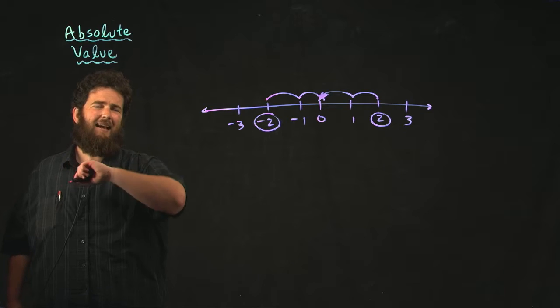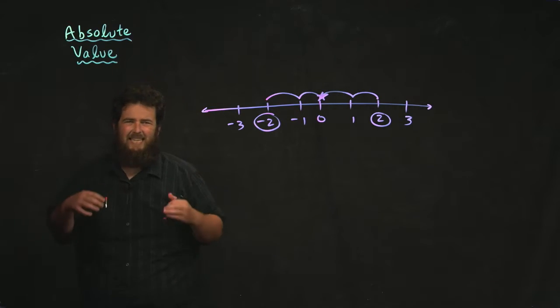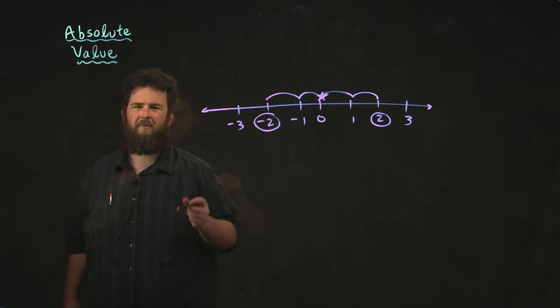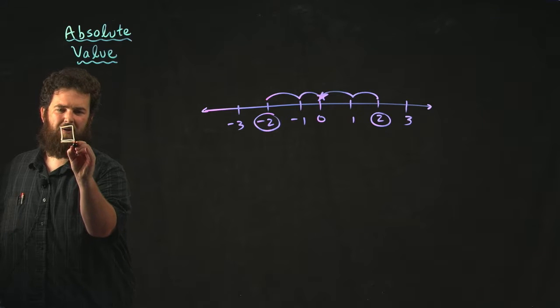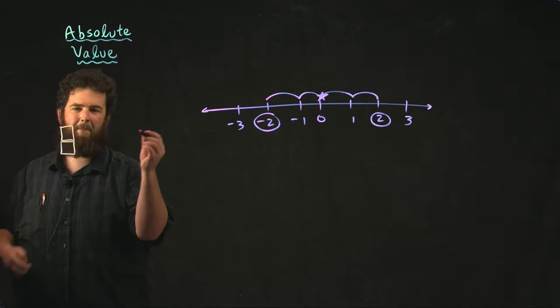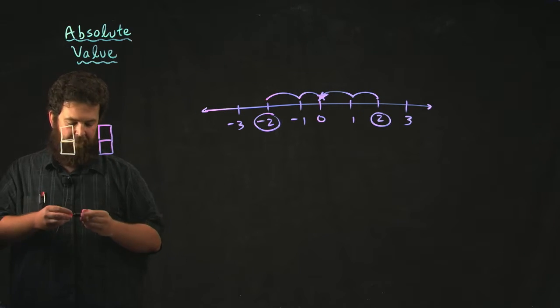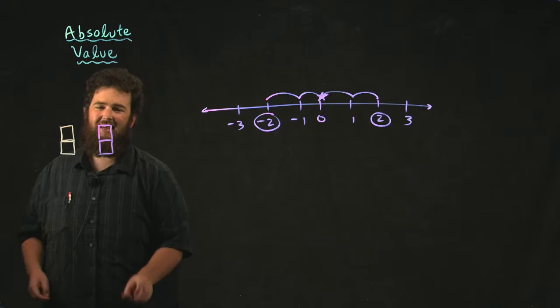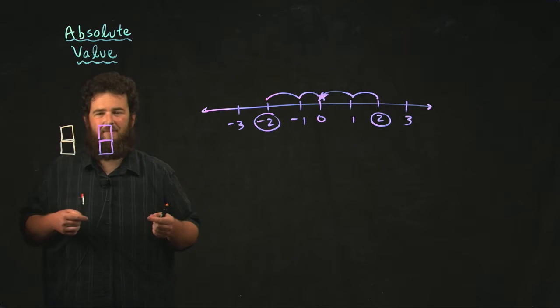When we say absolute value of a number, we really just mean the size of the number, right? If I were to say that these orange squares were negative and these pink squares were positive, I could say that each of these represents the size of the number, right?